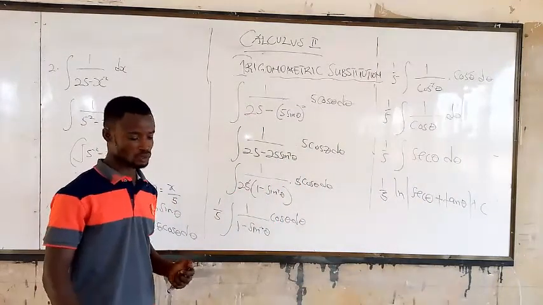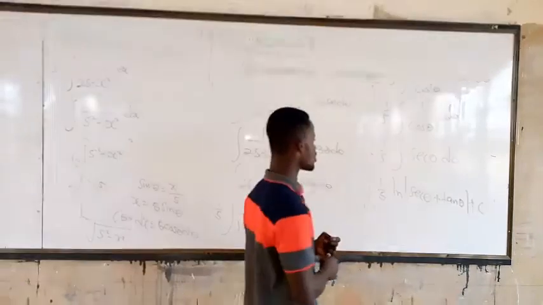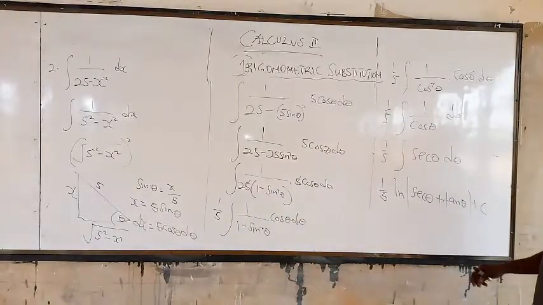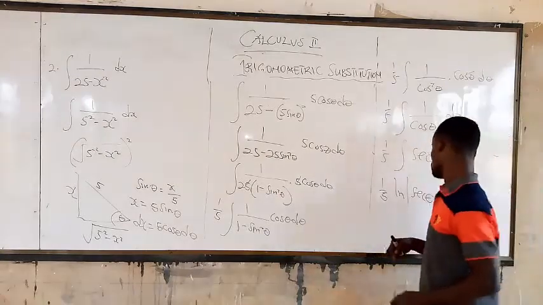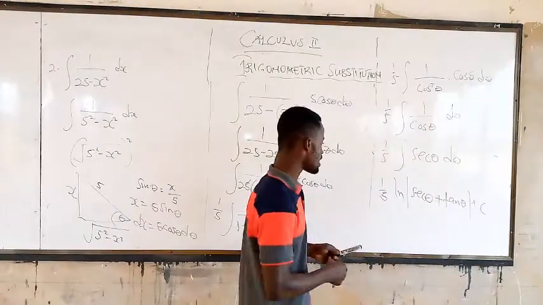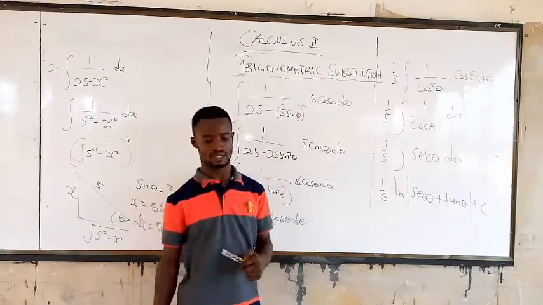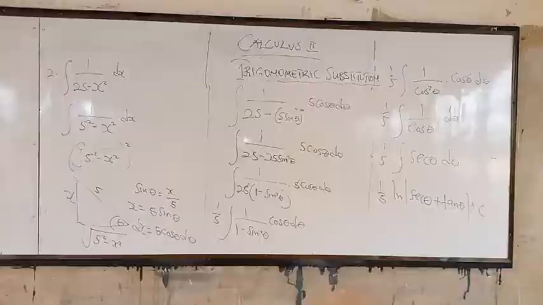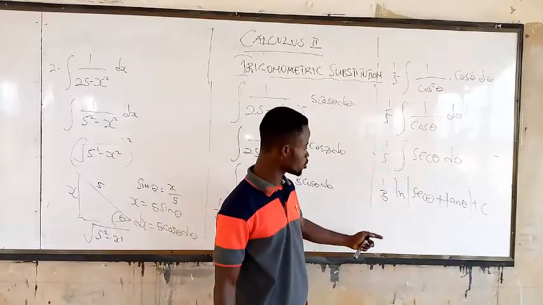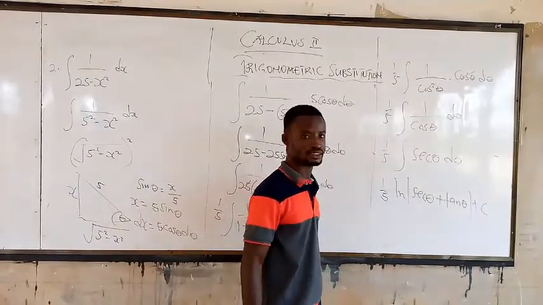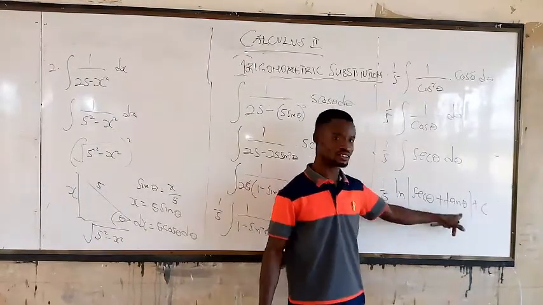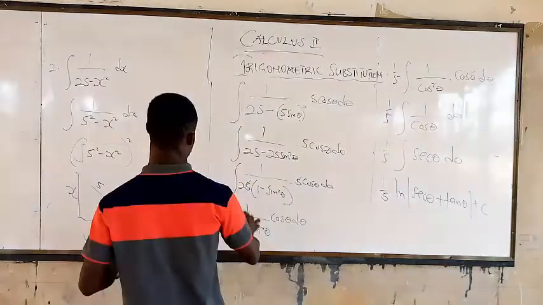But bear in mind that we don't want it in terms of theta. So we need to go and find out what this means. Alright, so this is just going to give you that. But we don't have to leave it in terms of what? Theta.